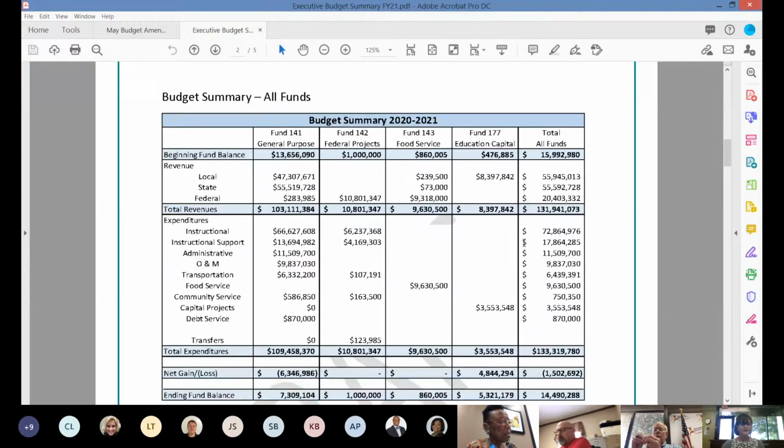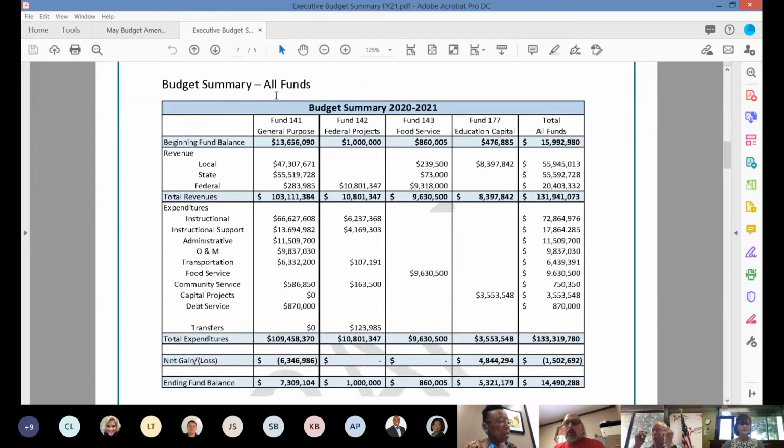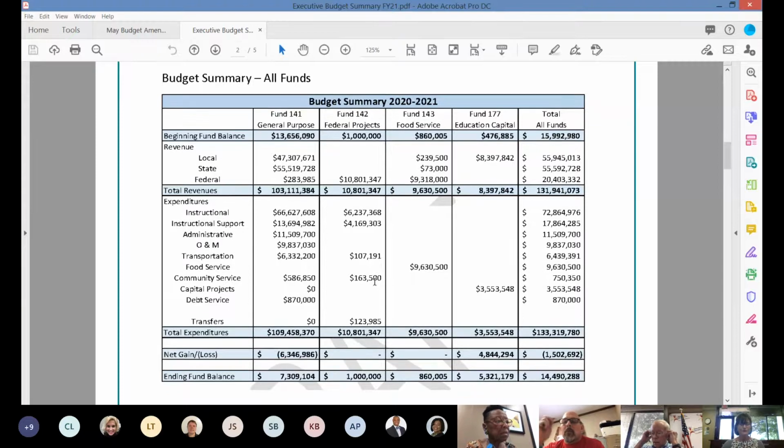And as it stands, you can see this is a summary of all of our funds, revenues and expenditures, and ending fund balance. And these are tentative proposed pending input from this budget committee and the board.